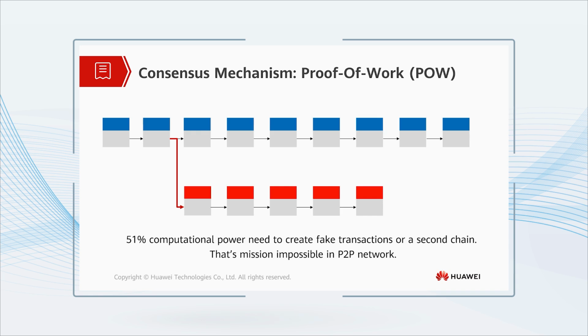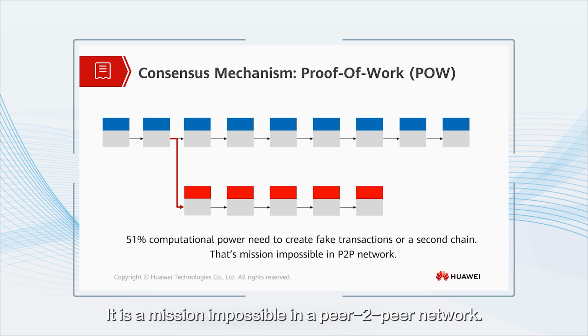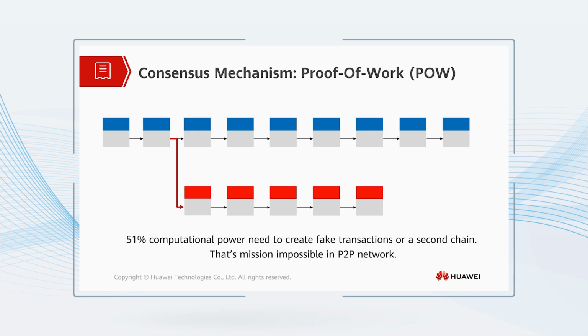To do this, a malicious miner would have needed over 51% of the network mining power to beat everyone else. It is a mission impossible in a peer-to-peer network. A major criticism of proof of work is the consumption and waste of the energy.